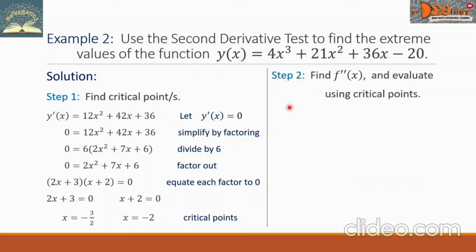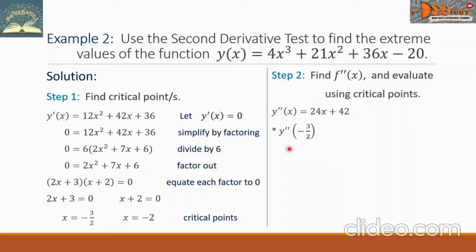Then step 2. Let us find the second derivative and evaluate using critical points. The first derivative is here, so let's begin taking the second derivative. y double prime of x equals derivative of 12x squared is 24x. Derivative of 42x is plus 42. Derivative of 36 is 0.